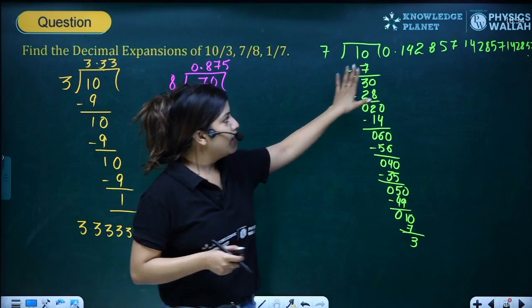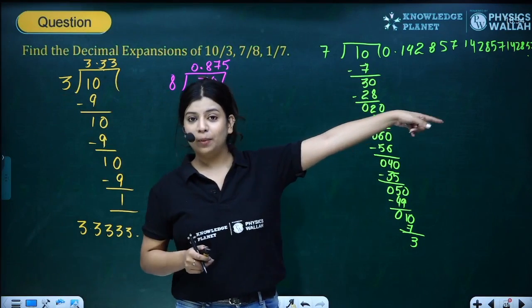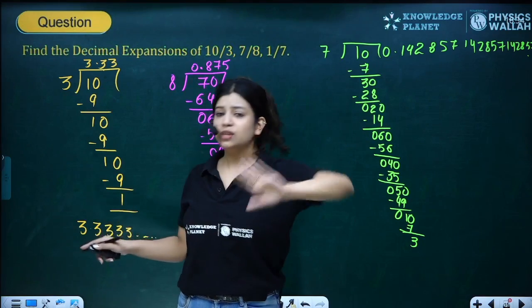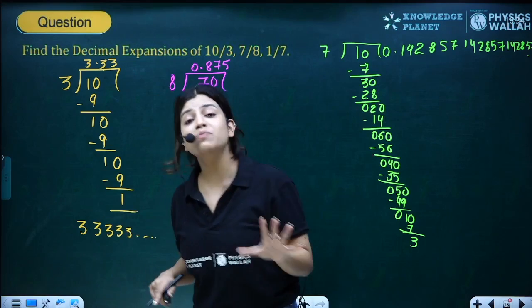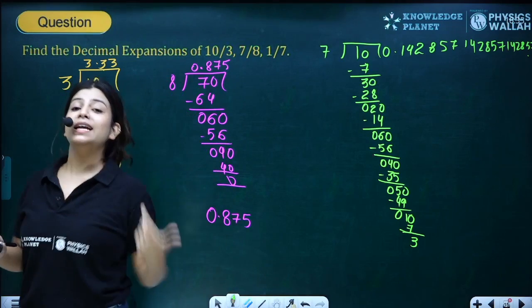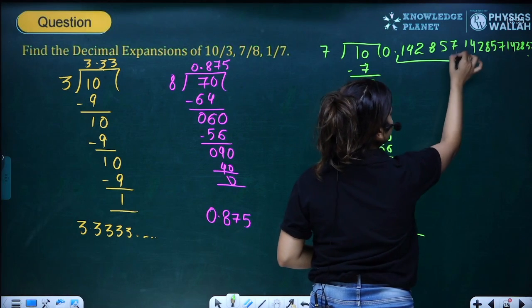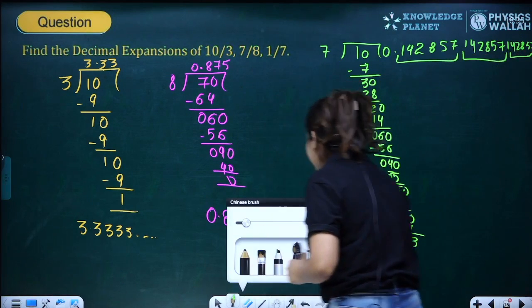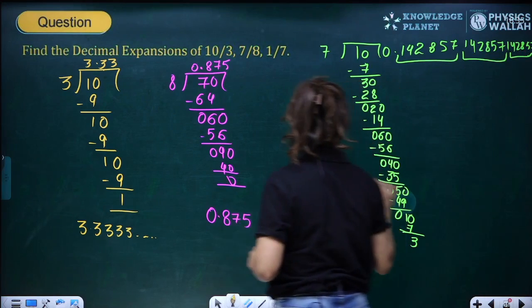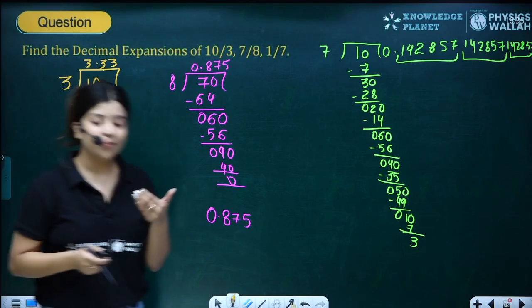And the third type is where the same number is not repeating; in the first case it was 33333, but in the third case a group of numbers is repeating itself. So these are the types of decimal expansions seen in rational numbers.